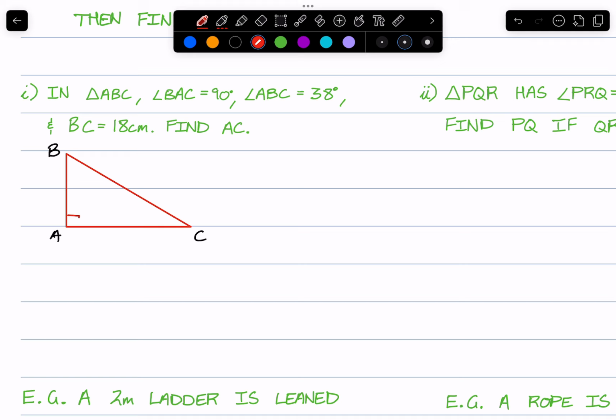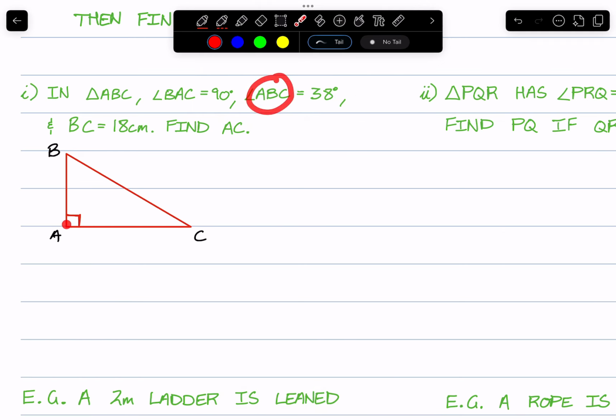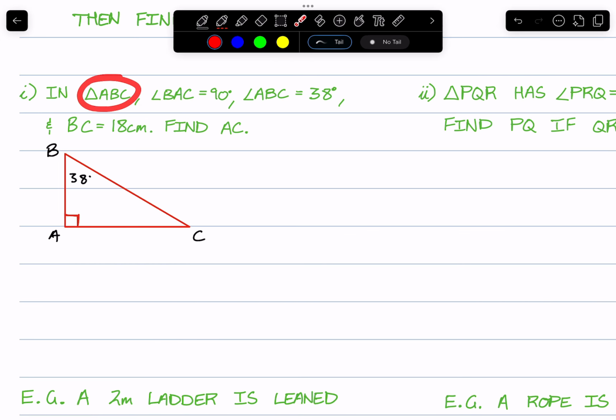And angle ABC is 38. It also says that in this triangle, BC is 18 centimeters, so 18.